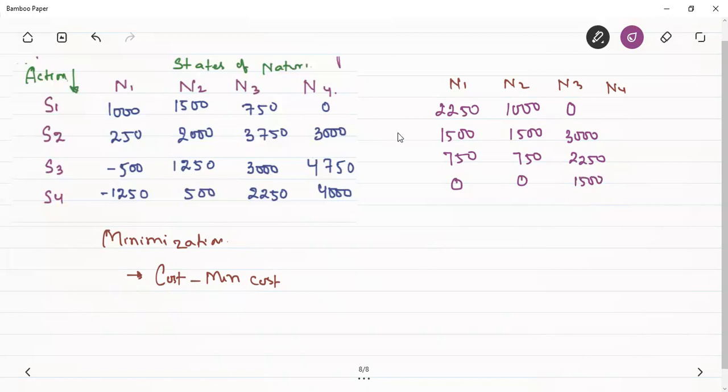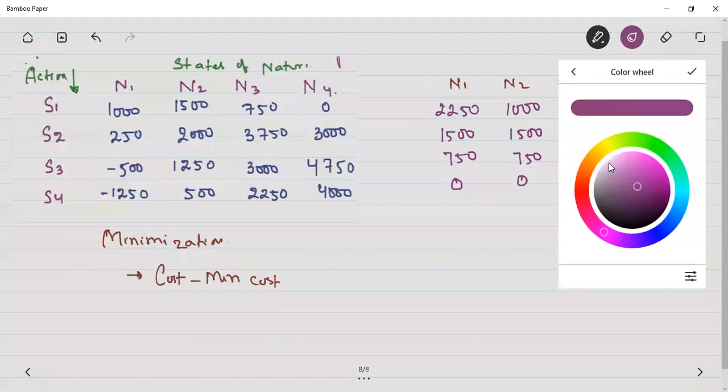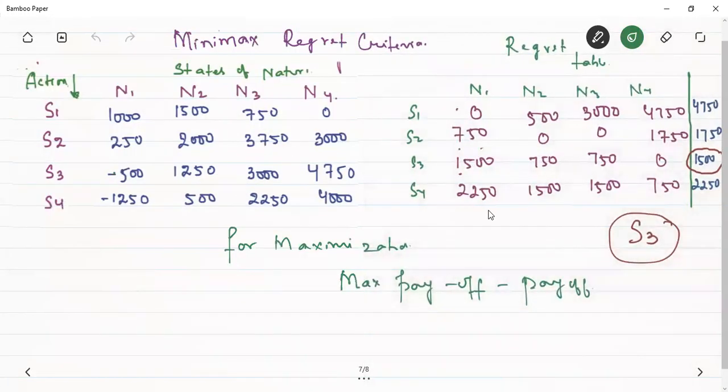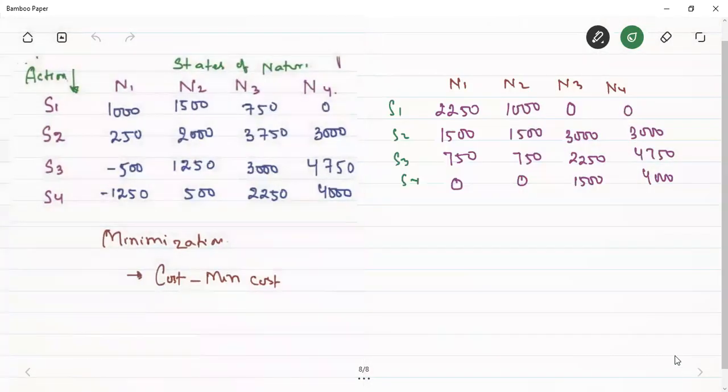For the fourth state of nature, the minimum value is 0. Therefore, 0 minus 0 will be 0, and for 3000, the other elements will remain as such. Out of these regrets, for each course of action, we have to see the maximum regret, because we are using the minimax criterion, whether it is a maximization problem or a minimization problem. In both cases, we have to see the minimax regret.